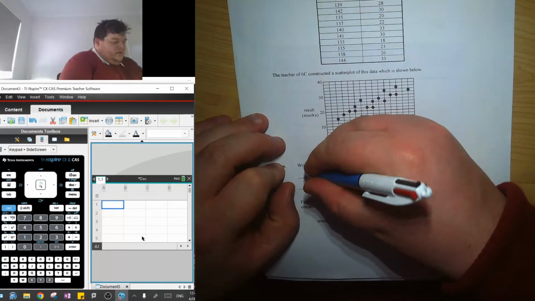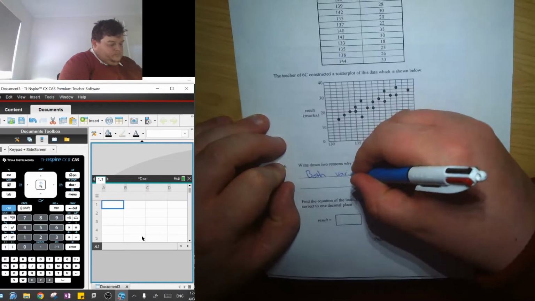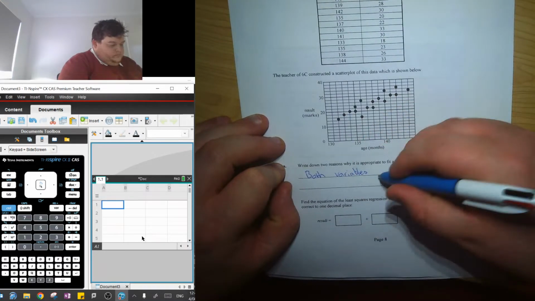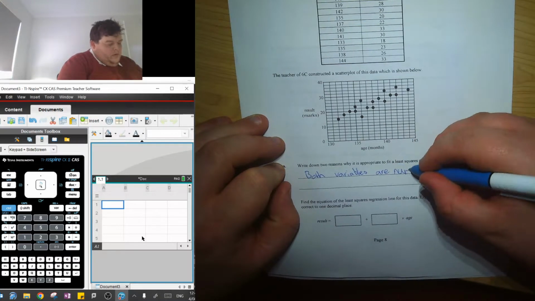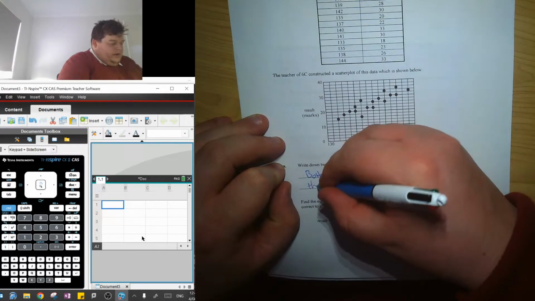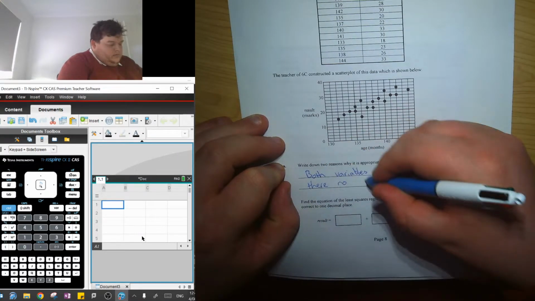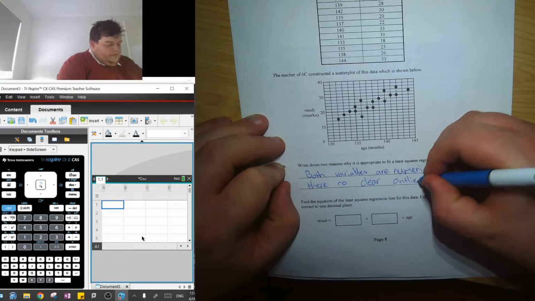I would say both variables are numerical, and there are no clear outliers. Right.